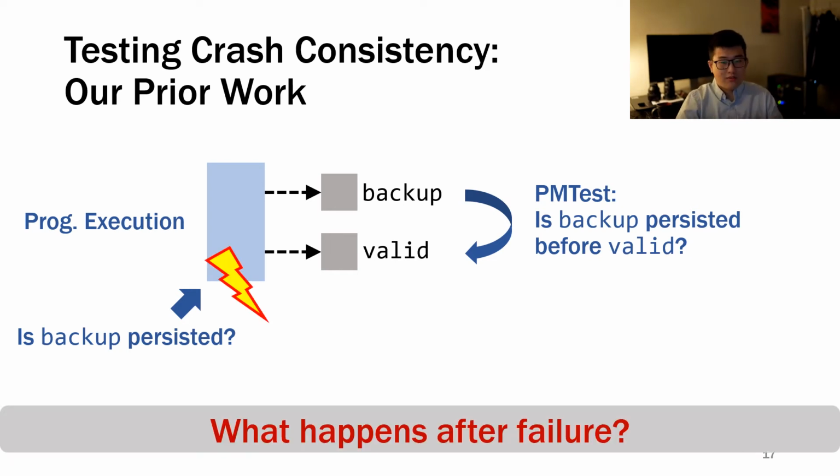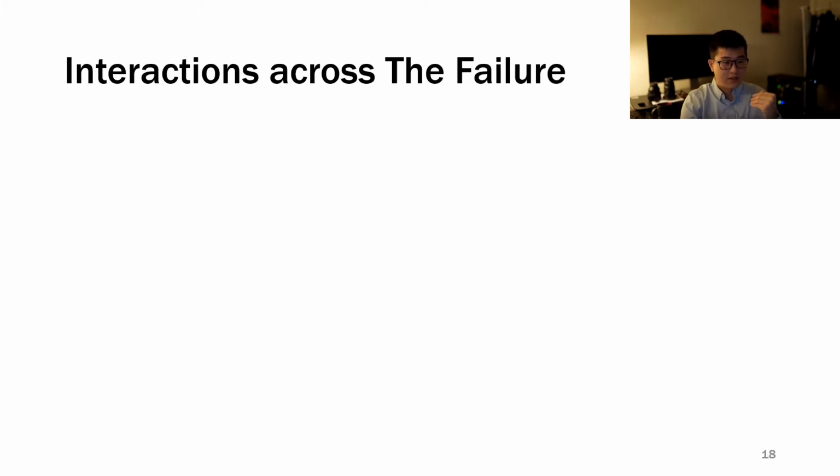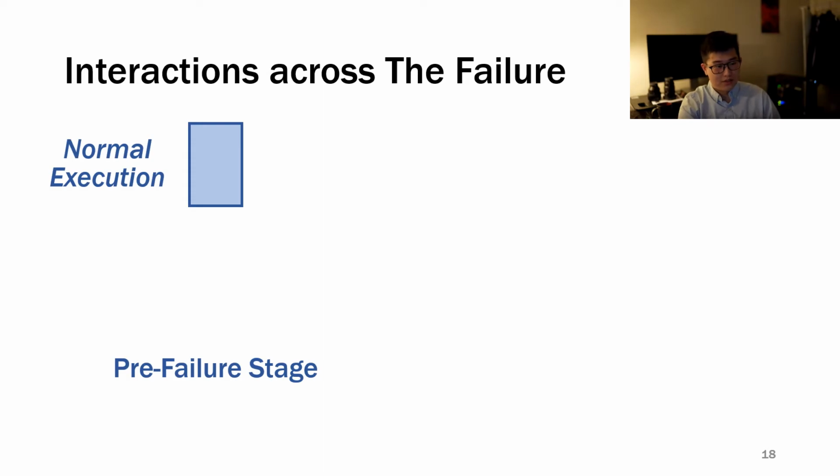But it doesn't solve all the problems. What if there's something going on in the recovery stage? And what happens after that? So now we introduce the idea of interactions across the failure. Execution before the failure we call the pre-failure stage. It is normal execution, such as list append or updating a location in the array.